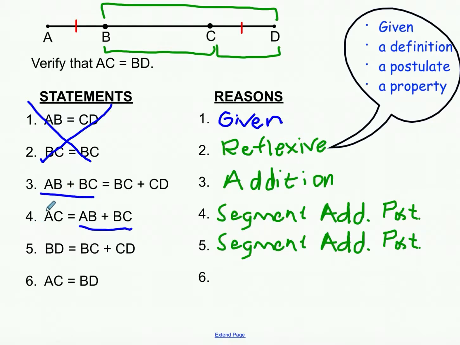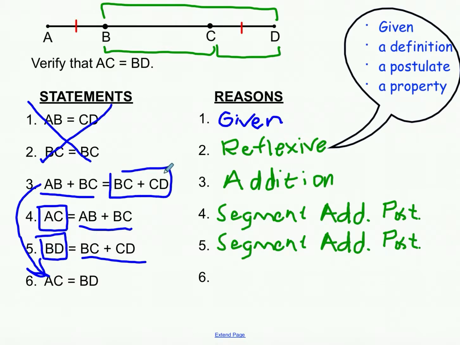And what we're saying is that AC equals AB plus BC. So anywhere I see an AB plus BC in an equation, I can substitute in AC. So on this side of the equation, I'm substituting in AC. And then you can see because BD equals BC plus CD, we can substitute in a BD anywhere we see a BC plus CD. So that's what I'm doing here. This side of this statement turns into just BD.